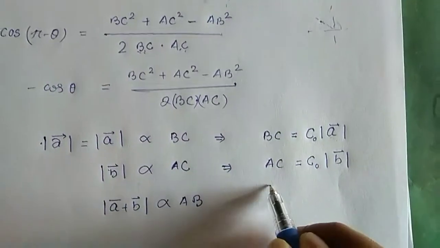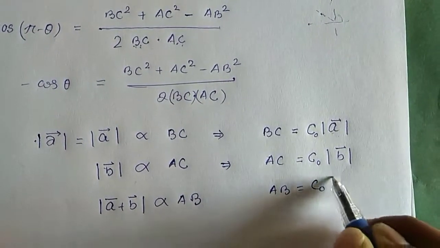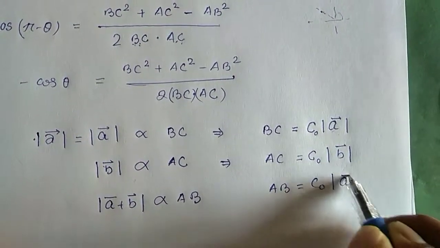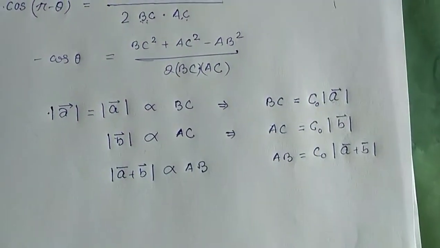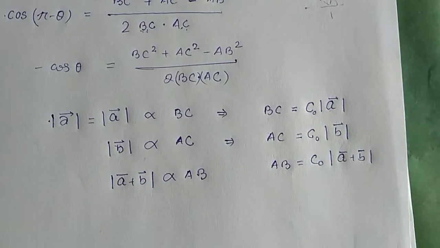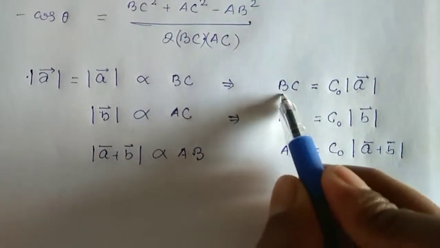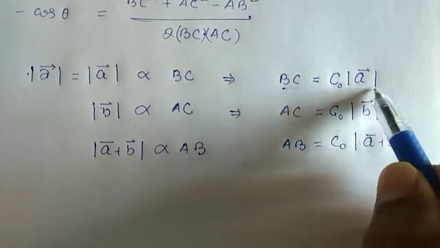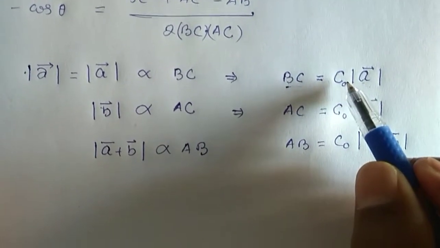and AB equals C0 times the modulus of A plus B. This constant is the same in all the equalities. This constant is clearly positive, because these are lengths and moduli, so it must be positive.